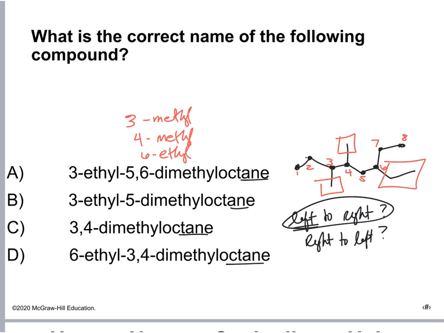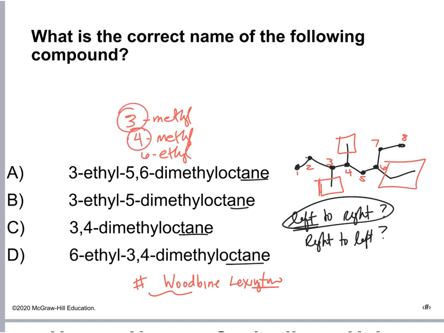Now, if I tell you I live on Woodbine Road in Lexington, well, that might be helpful, right? But if I don't give you a house number, you don't know what house I live on. Well, just like this substituent, you need to give a number of what carbon these substituents come off of.